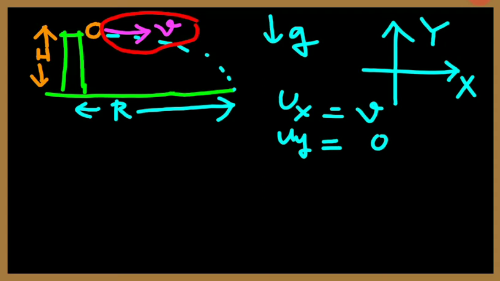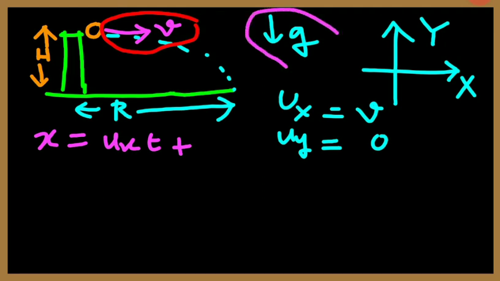Now let's write the equation of motion in terms of distance. x will be equal to ux into t plus half ax t square, but ax is equal to 0 because the only acceleration acting on it is acceleration due to gravity, that is entirely in the minus y direction.